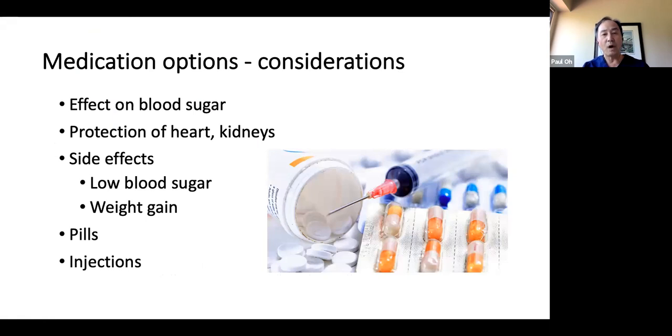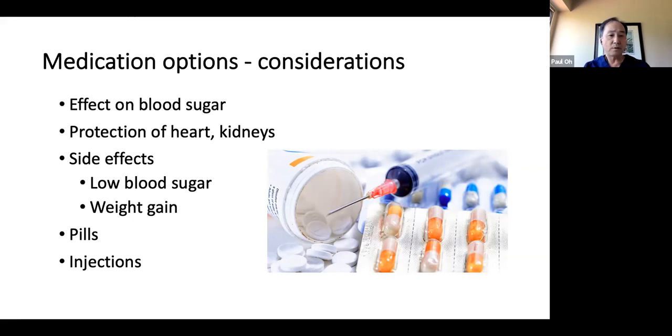So summarizing some of the considerations around medication options, that's what's shown on this slide. We'll look for medicines that have a particular effect on blood sugar, whether they might offer some additional protection to the heart or to other vital organs in the body, such as our kidneys. We'll think about side effects, such as low blood sugar and weight gain.